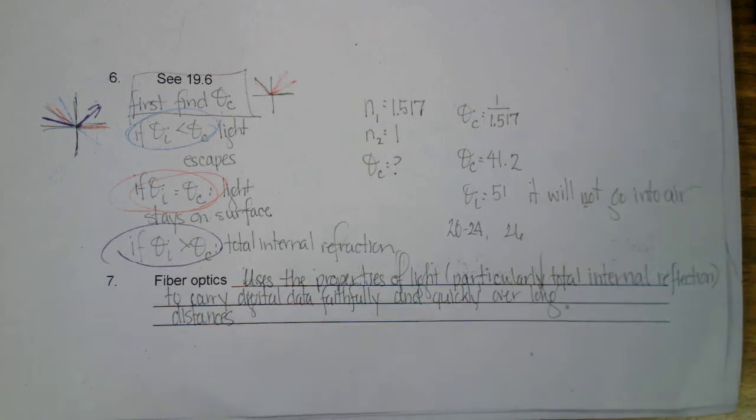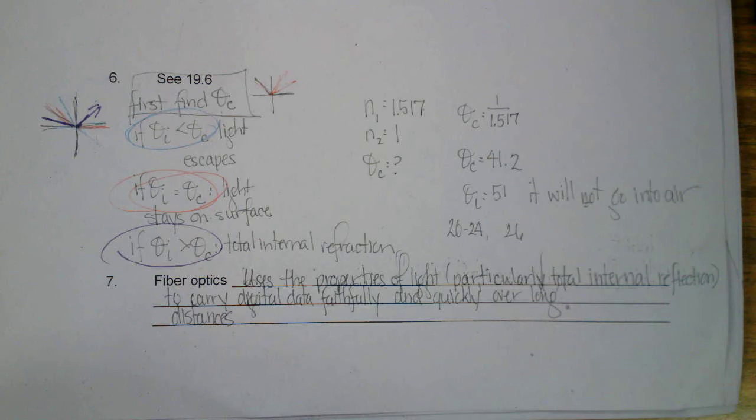Okay, in the last video we talked about total internal reflection, and the idea behind that is that if light is traveling from more dense to less dense, there comes a point where the incident angle is far enough away from the normal to cause the refracted angle to be 90 degrees.